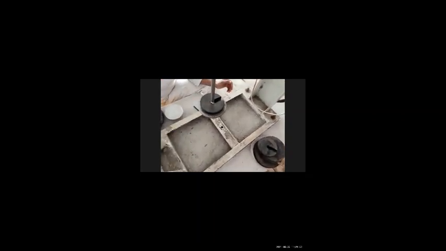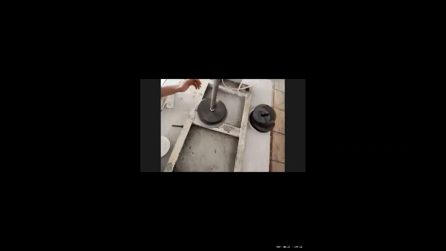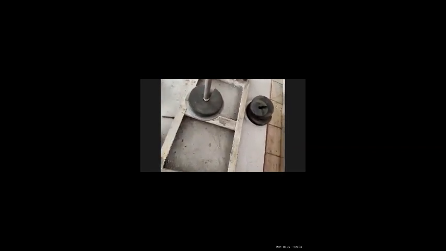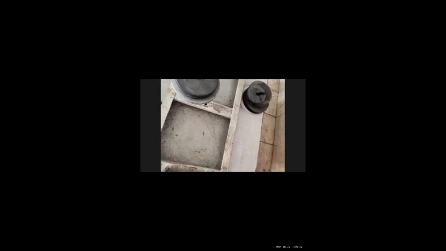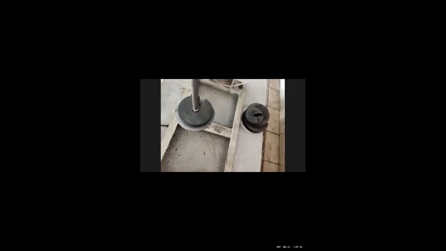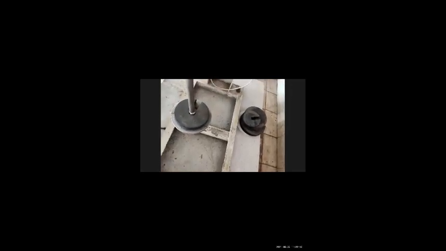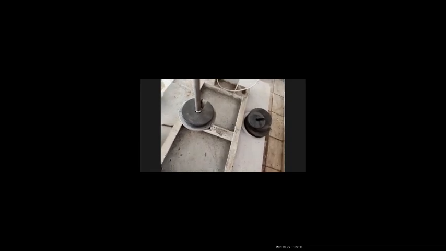This weight acts in the normal direction and produces a normal stress on the shear box. Observe and note down the readings on the proving ring as well as the dial gauges in the horizontal and vertical direction.